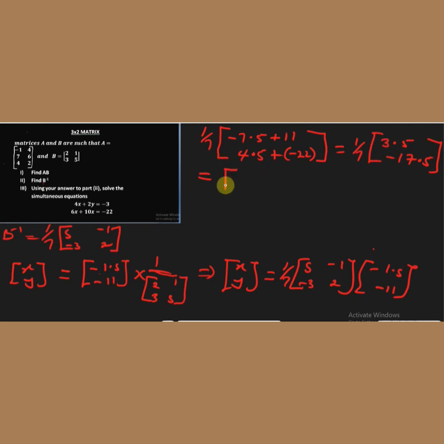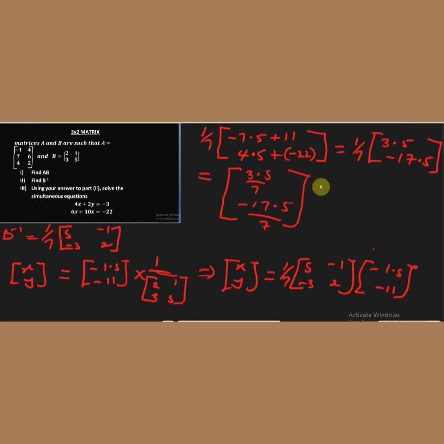So this is the same thing as, I'm going to divide across with 7, because I'm multiplying the bracket with 1 over 7. So meaning 3.5 times 1 is going to give me 3.5 over 7. 3.5 divided by 7. Then minus 17.5 times 1 is minus 17.5 divided by 7.